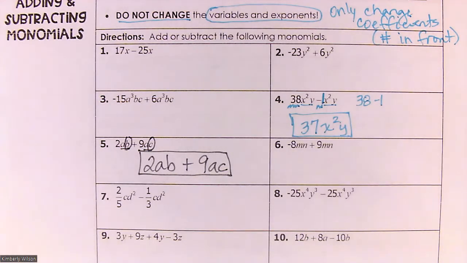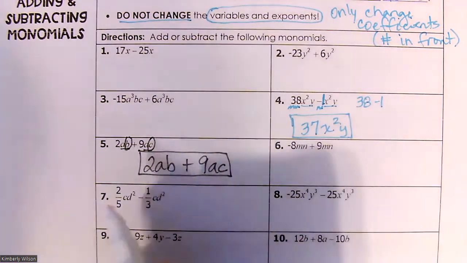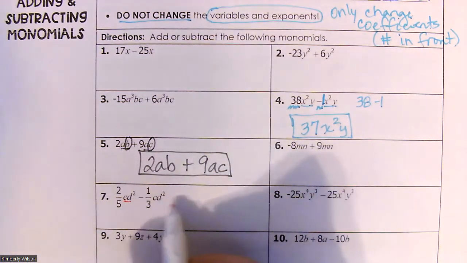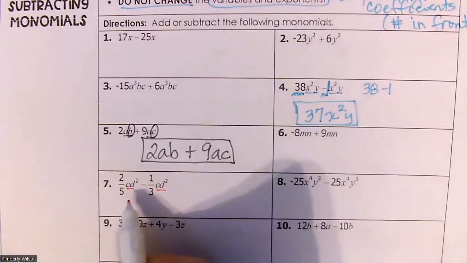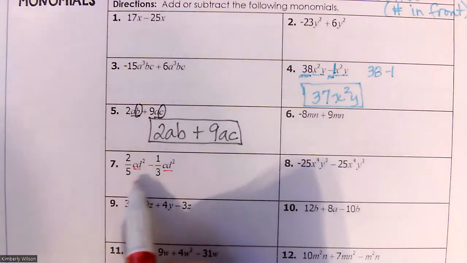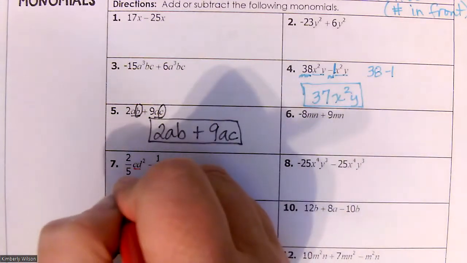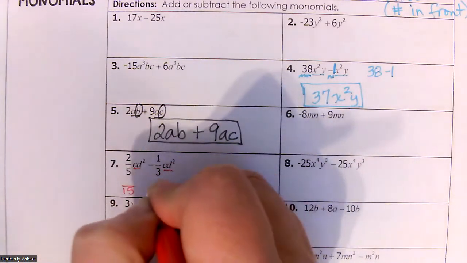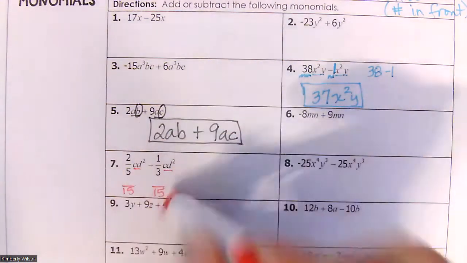Okay. Next, number 7. Okay, look, check this variable. Yep, they're the same. They're both CD squared. So that means I am dealing with the fraction section. Okay, well, I'm going to be subtracting these two, but I have to have a common denominator. So my new denominator needs to be 15.